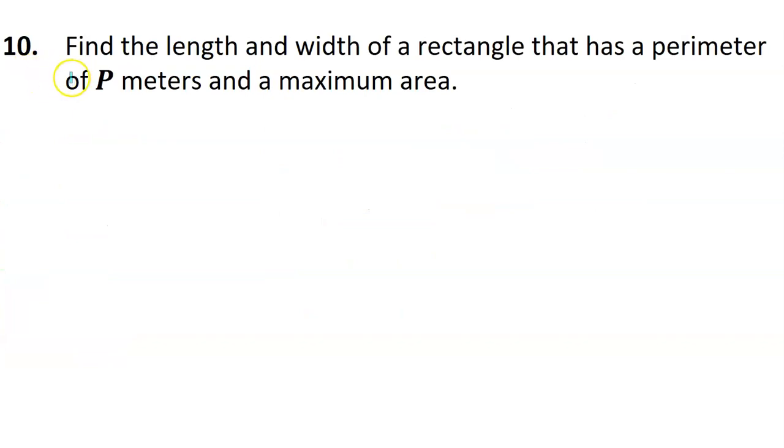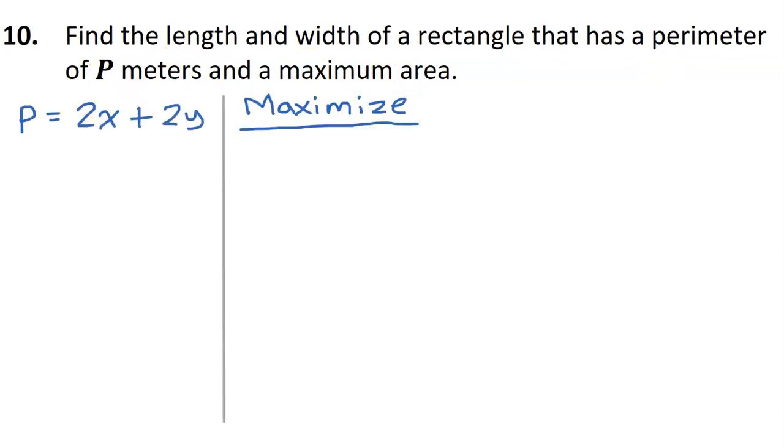Number 10 is a little more abstract. No numbers. Find the length and width of a rectangle that has a perimeter of p meters and a maximum area. So we know that the perimeter equals 2x plus 2y, where x and y are the sides of the rectangle. We saw this in problem number 9.